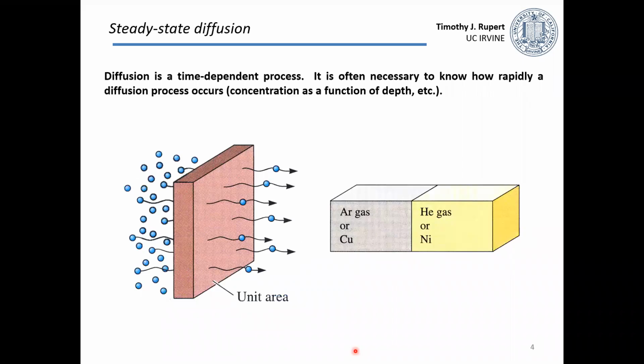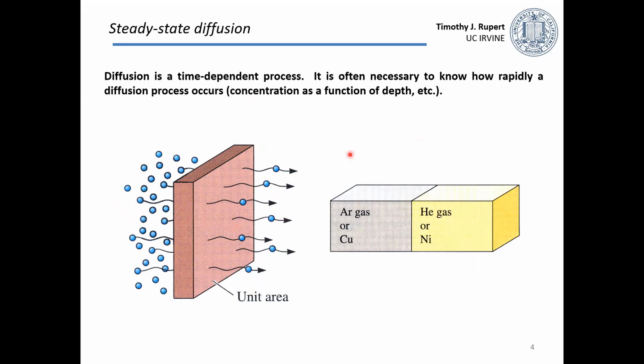So diffusion is time dependent in many cases. What I'm showing here is sort of two examples of how you can visualize this. On the left side, I have something where we have some gas with a higher concentration than the gas on the right. And we can think about having some unit area, maybe this is a membrane or something like that. And we're thinking about how much gas is transferred through there.